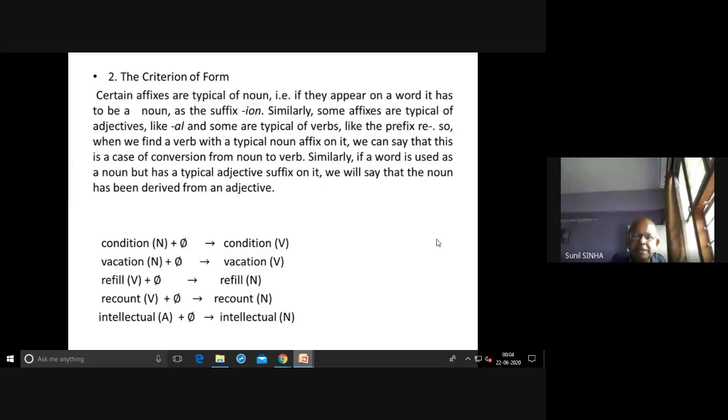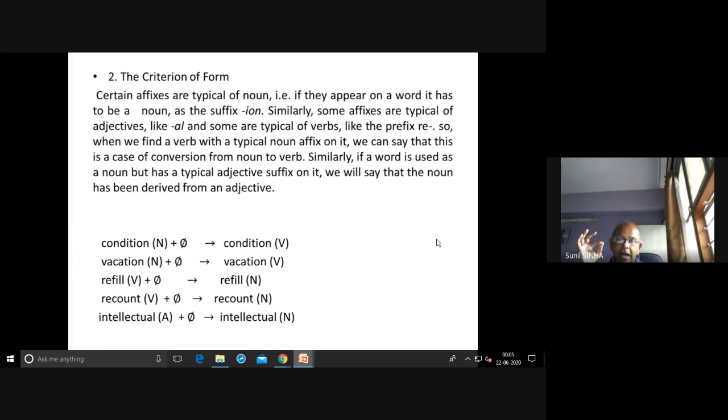So condition is basically a noun, vocation is basically a noun because it ends with ION. The form of the word tells us that condition and vocation are nouns. So basically they are nouns, and then from noun we can derive the verb. Condition, his condition is good. This is a noun. And my mind is conditioned. This is a verb.